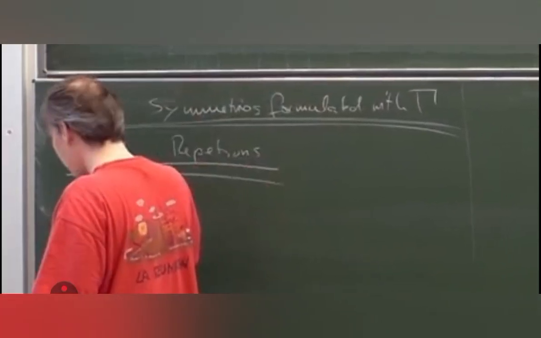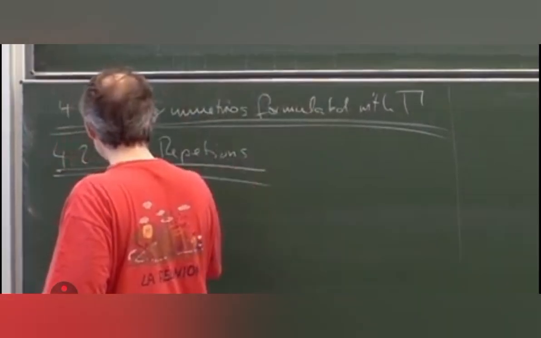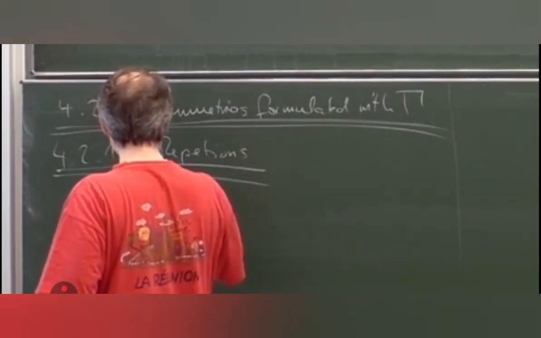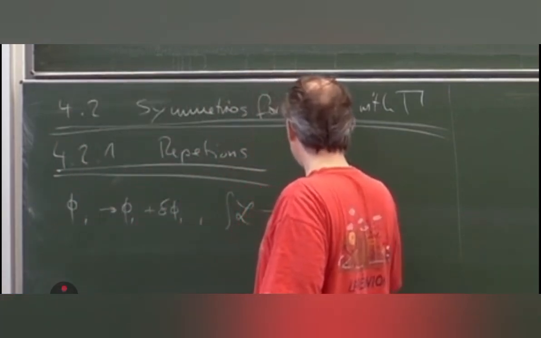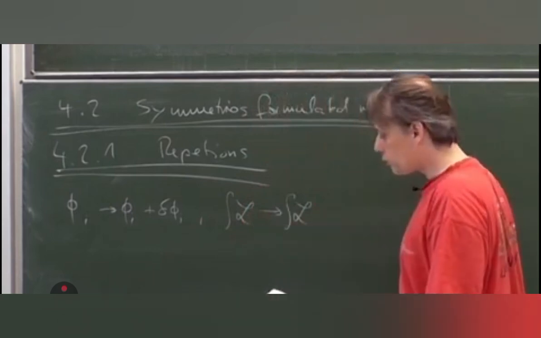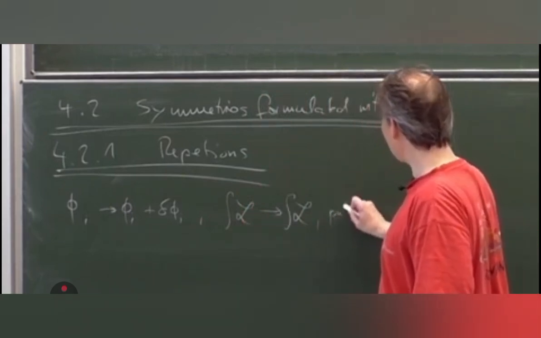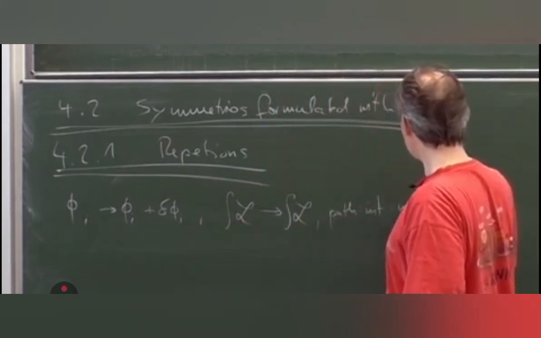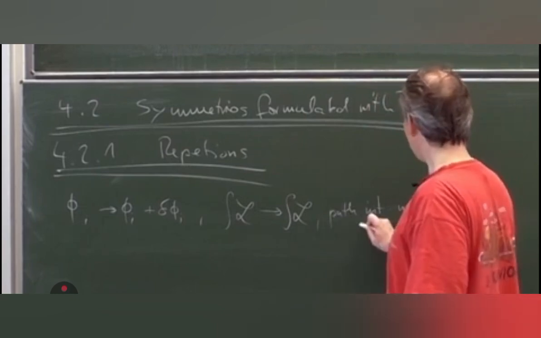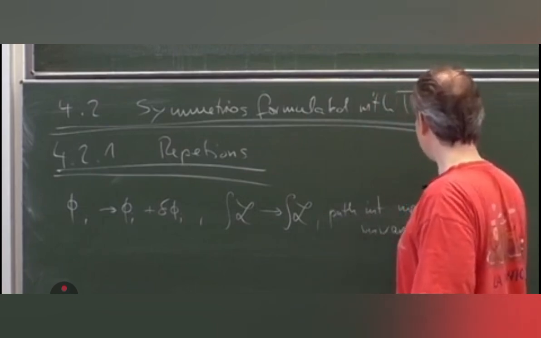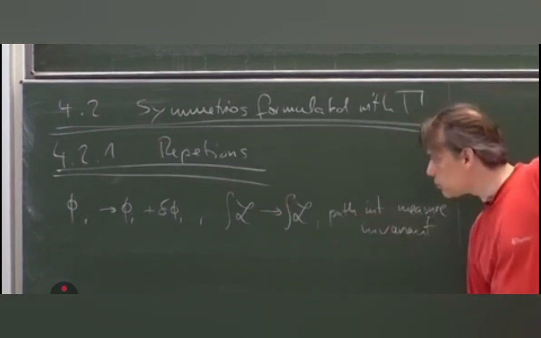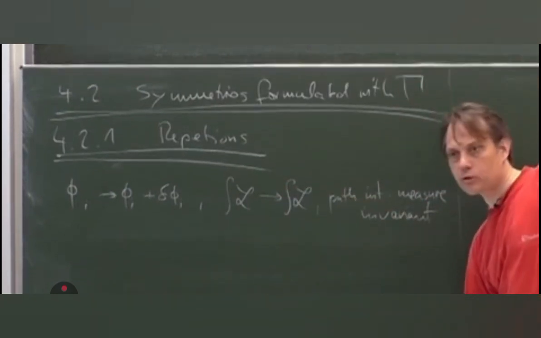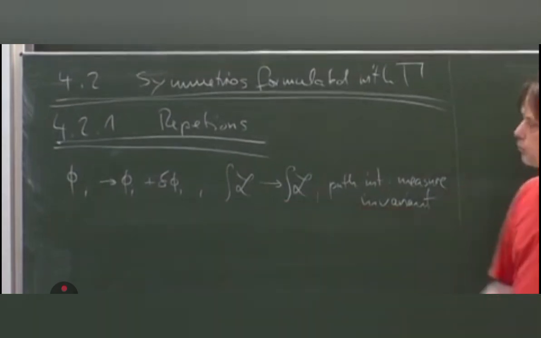Okay, so two small repetitions. So let's look at some field transformations. Phi I goes to phi I plus delta phi I. The action should stay invariant under that transformation, and let us assume that the path integral measure is invariant. We have already seen this condition, and under that condition in the section on path integrals we derived some consequences.